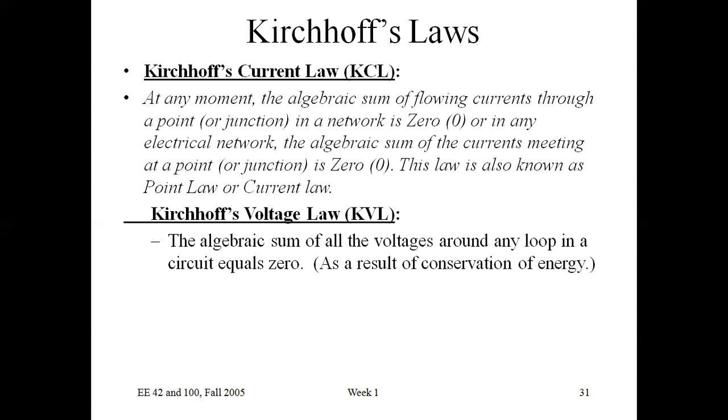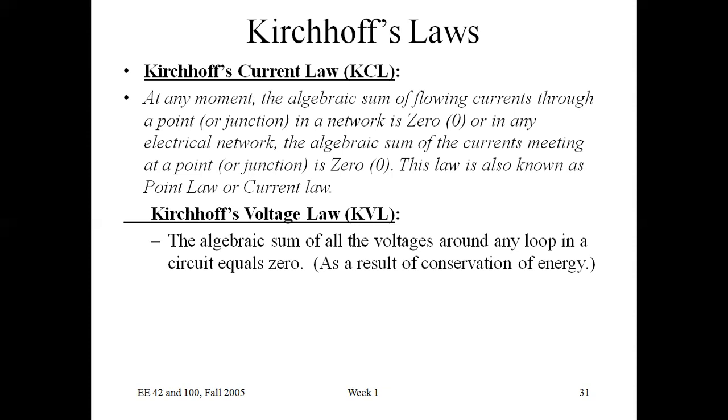Or in other words, the currents entering is equal to the currents leaving that junction. Or we can say that the algebraic sum of the currents at a junction is always zero. So that is Kirchhoff's current law.